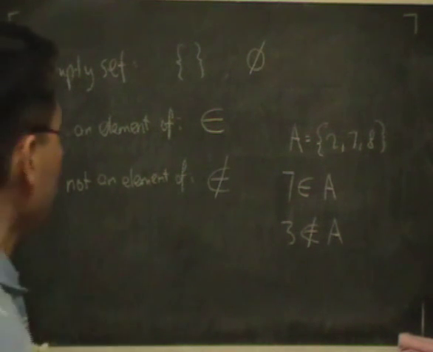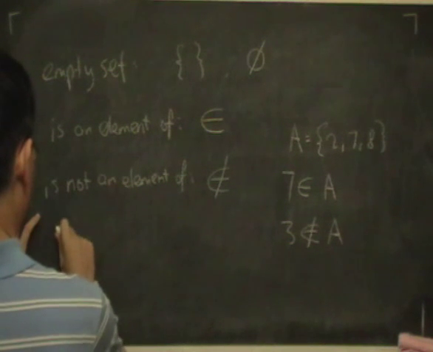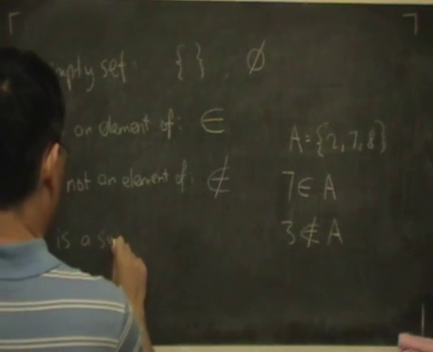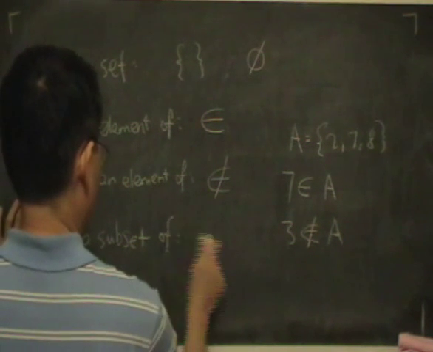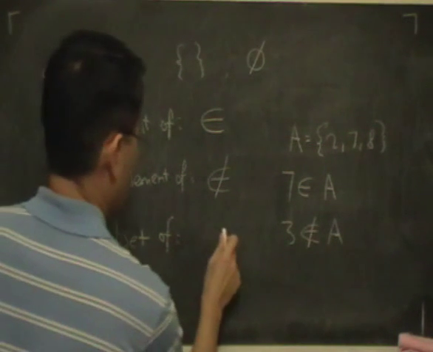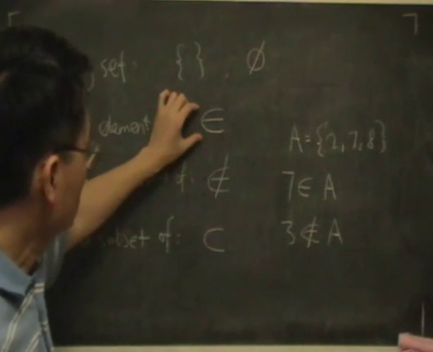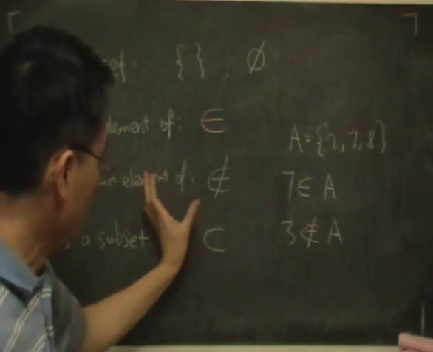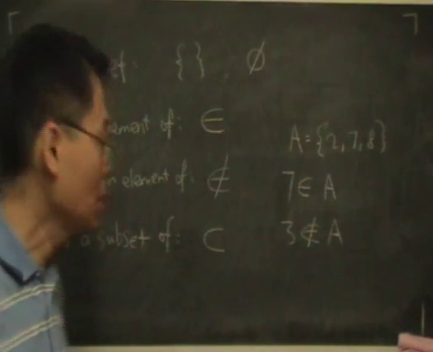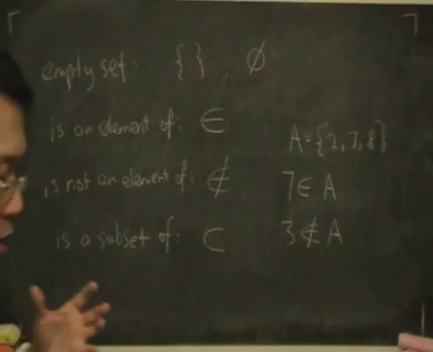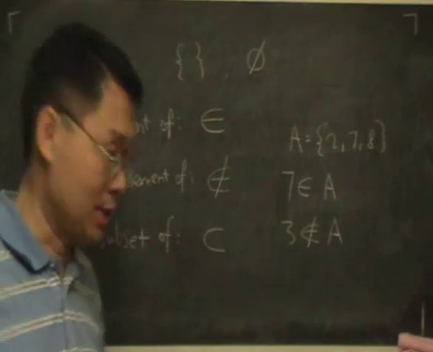Right, the next symbol is "a subset of." Looks like this. So, like the previous symbol, a U rotated 90 degrees, but without the line in the middle. Now, subset usually means a smaller set.